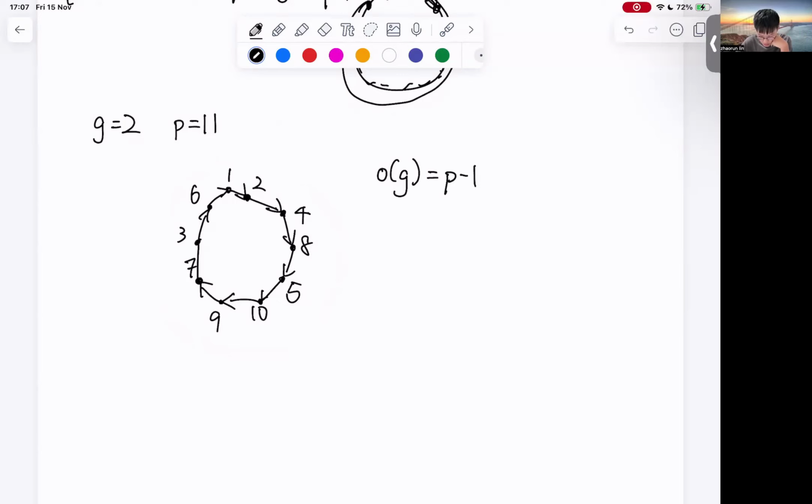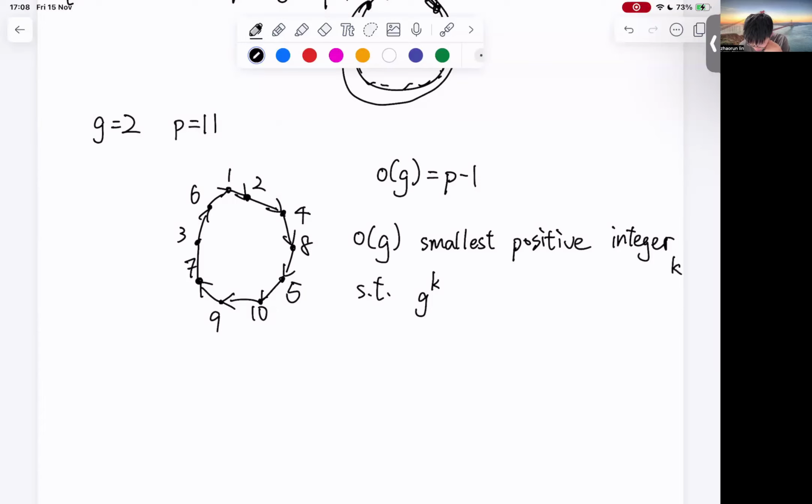Let me first define what an order is. The order is the smallest positive integer k such that this element to the power of k, that is g to the power of k, equals 1 modulo p. So this is the definition of order.